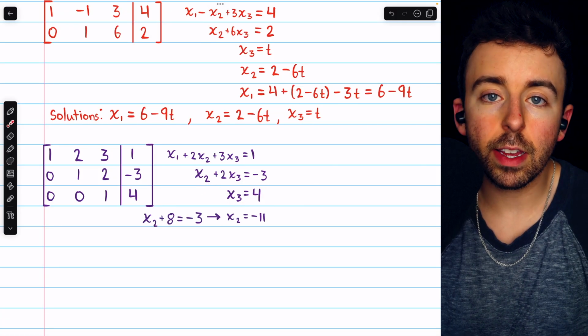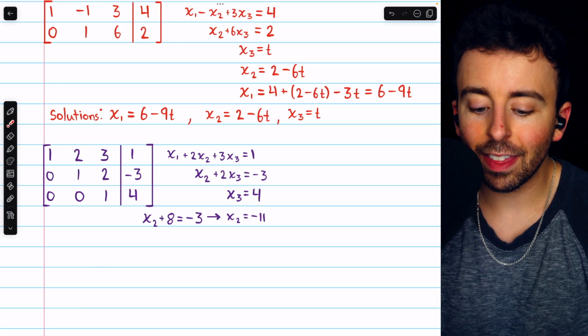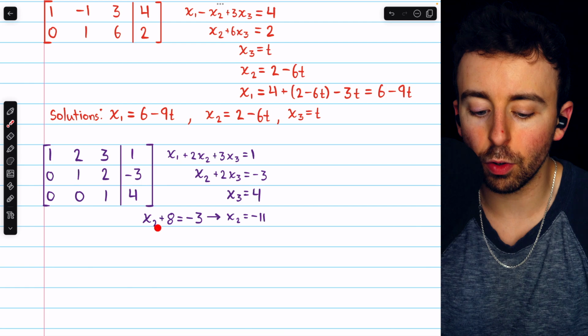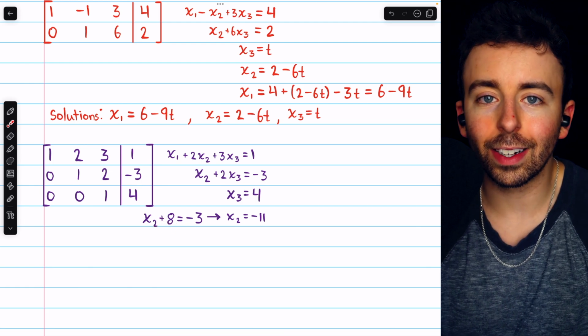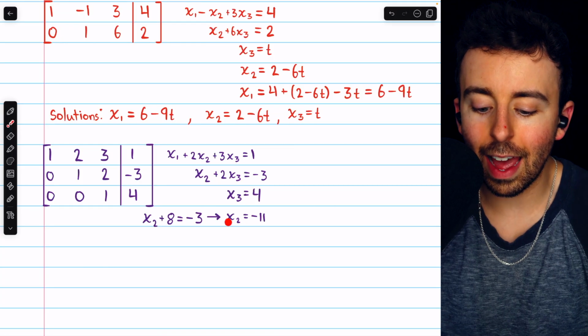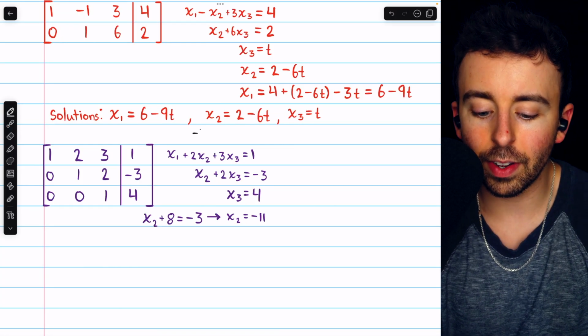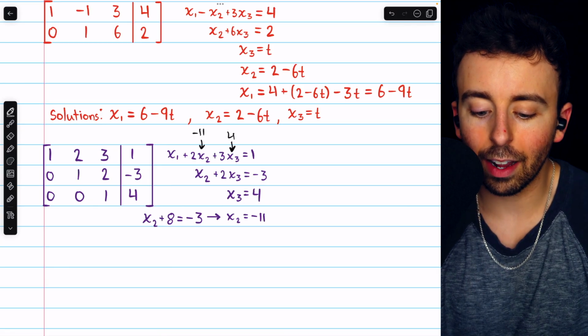Knowing that x3 equals 4, we can plug that into this equation and get that x2 plus 2 times 4, which is x2 plus 8, must equal negative 3. Hence, subtracting 8 from both sides, we find that x2 equals negative 11. Now we can plug negative 11 in for x2 in the first equation, and plug 4 in for x3.